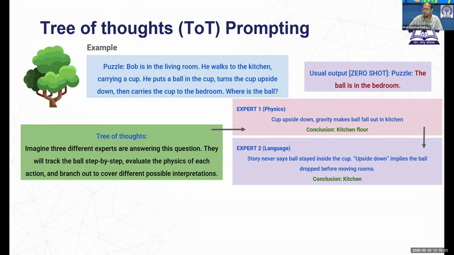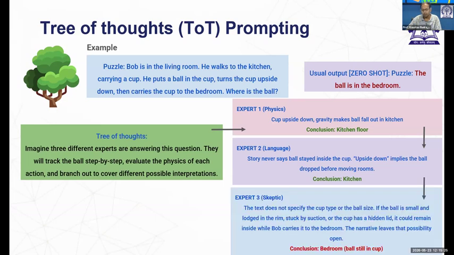So the conclusion is the ball is in the kitchen. The third is a skeptical expert. It says the text doesn't specify the cup type or the ball size. If the ball is small and lodged in the rim, stuck by suction, or the cup has a hidden lid, it could remain inside while Bob carries it to the bedroom. So the conclusion is the bedroom.